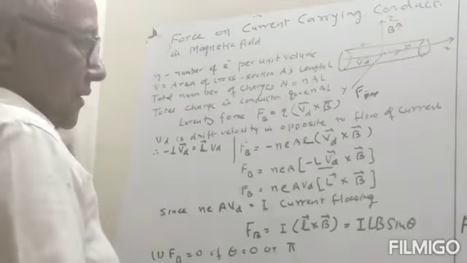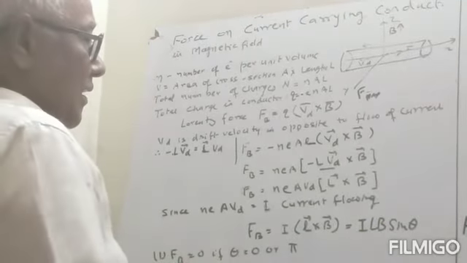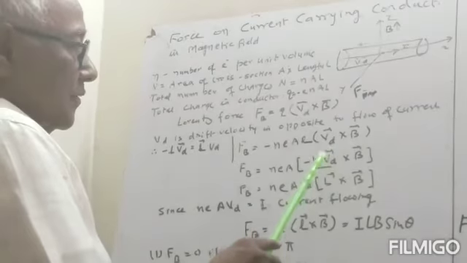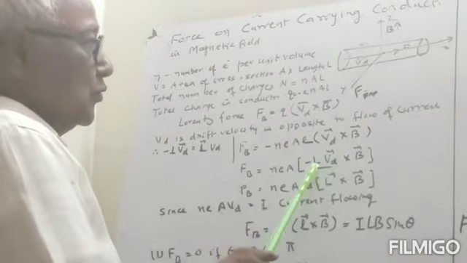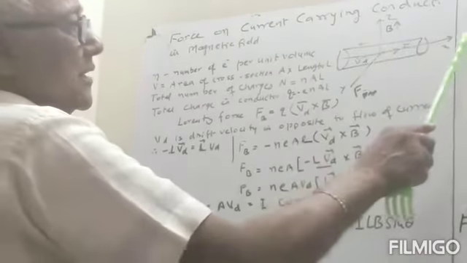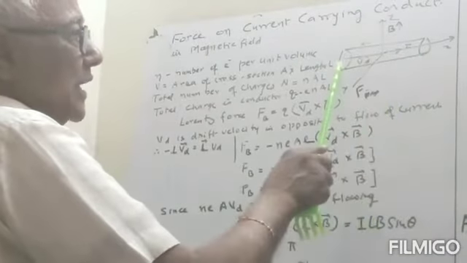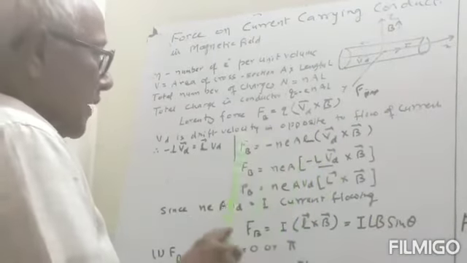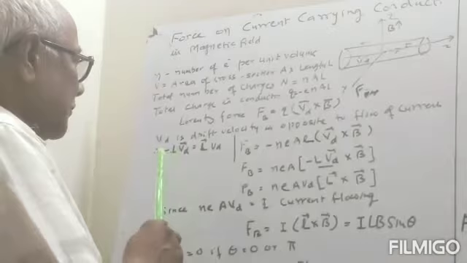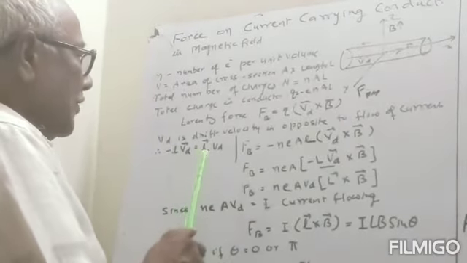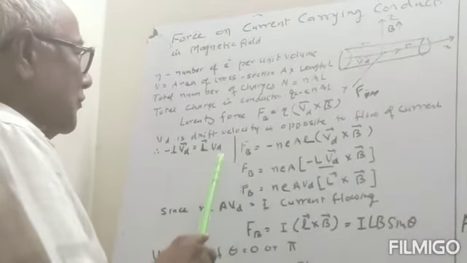Now the direction of Vd is opposite to the length. Length is in this direction and Vd is in the opposite direction. So minus L into Vd will be equal to L vector into Vd.